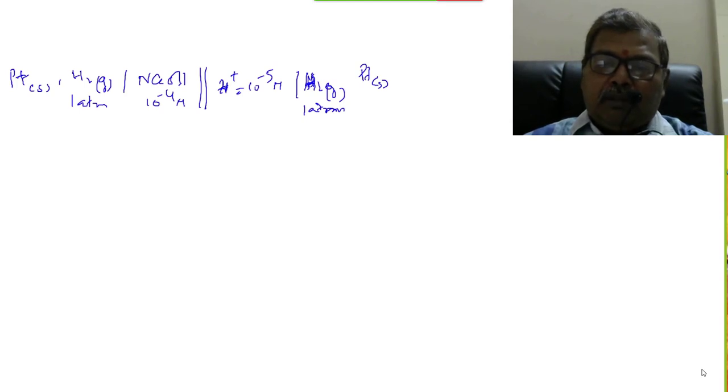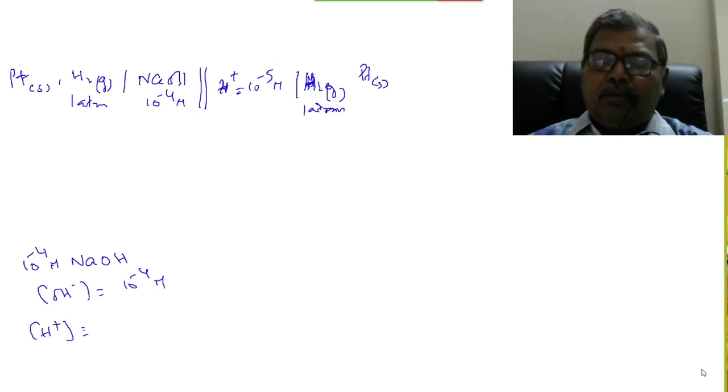It does, because it is 10 power minus 4 molar sodium hydroxide. That means OH minus ion concentration is 10 power minus 4 molar. Hydrogen ion concentration in the solution is the ionic product of water by OH minus concentration. So, 10 power minus 14 by 10 power minus 4. This is 10 power minus 10 molar.